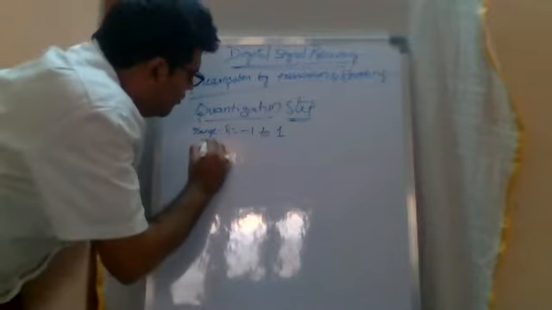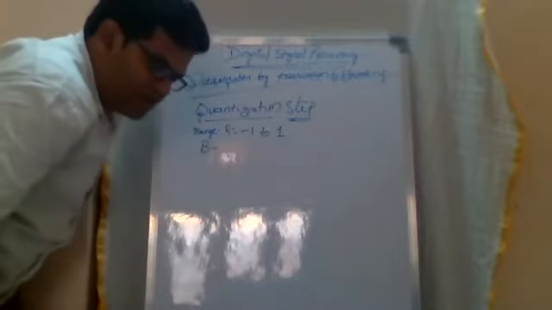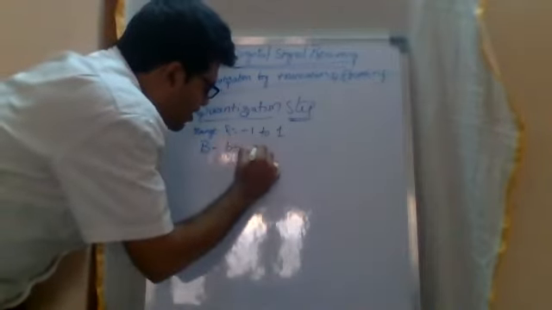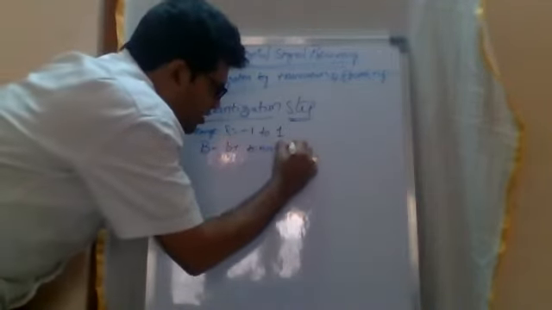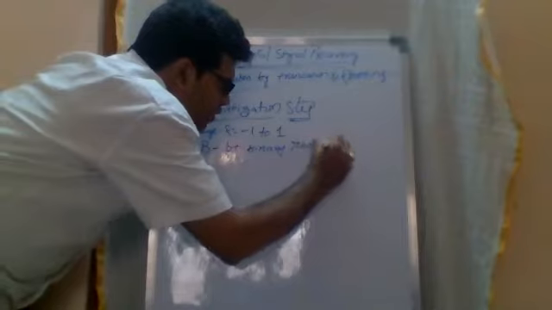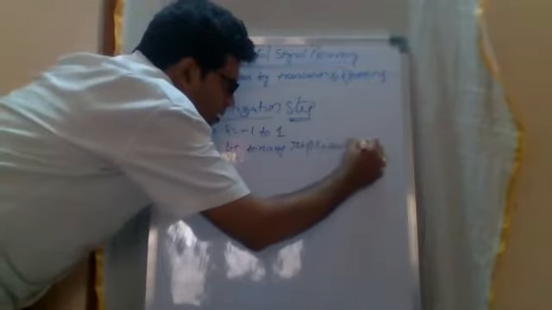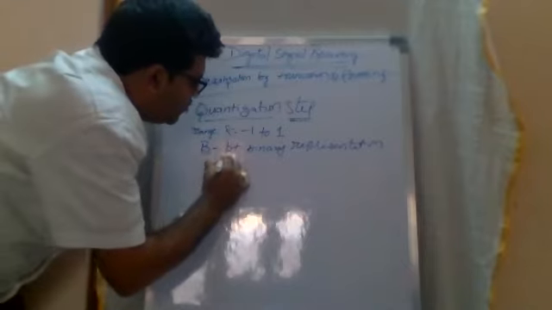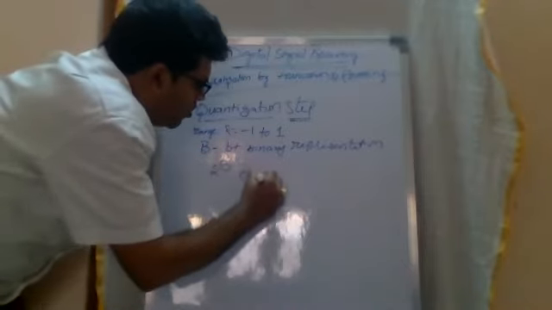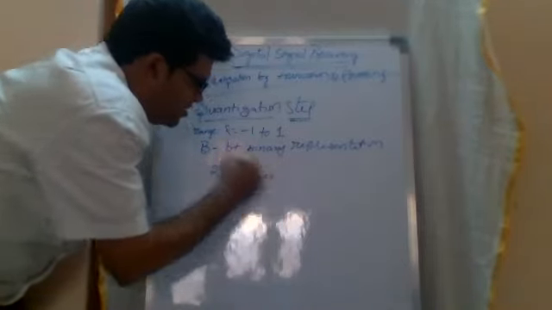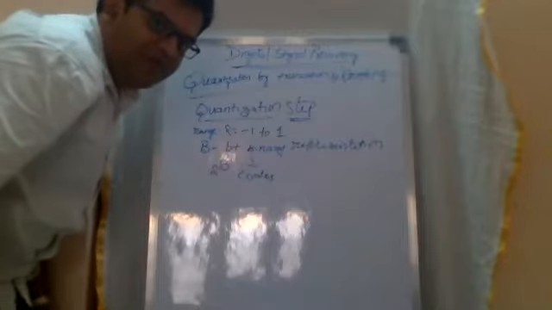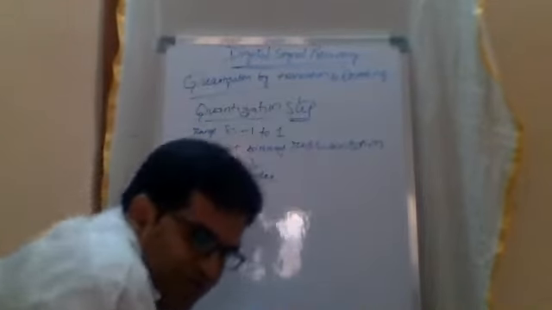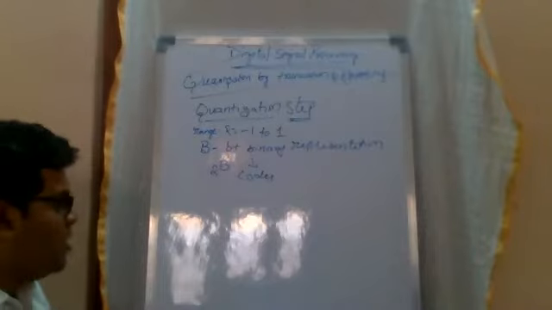Now let us consider a b-bit binary representation for a given decimal number, such that I can have 2 to the power of b codes for representing this decimal number. If I have a b-bit binary representation for representing the decimal number, I can have 2 to the power of b codes for representing it.